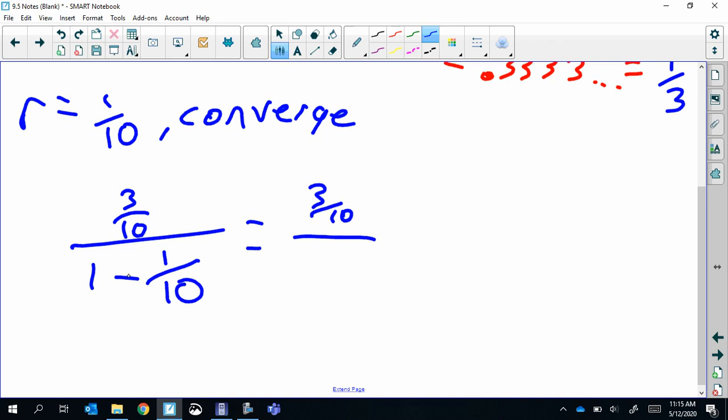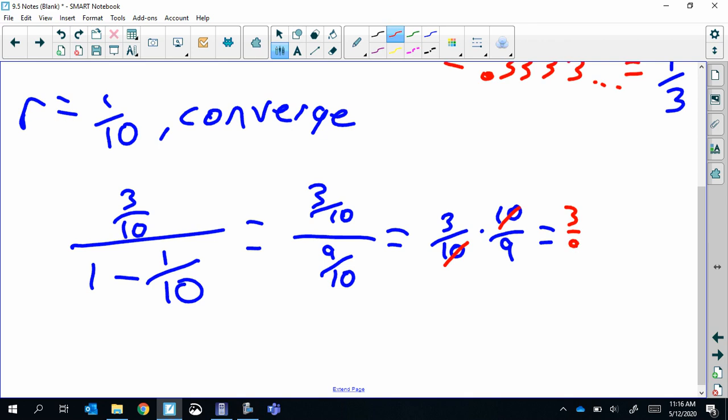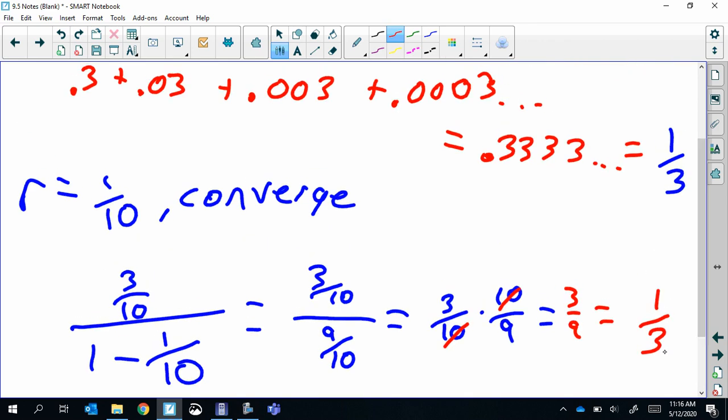That'd be 10/10 minus 1/10 is 9/10. We can do this by hand. You would flip the bottom fraction and change this to be multiplication. Those 10's cancel out. You get 3/9, which reduces to 1/3. So the formula gives us the same answer that we would expect by just looking at the decimals. And there we go.